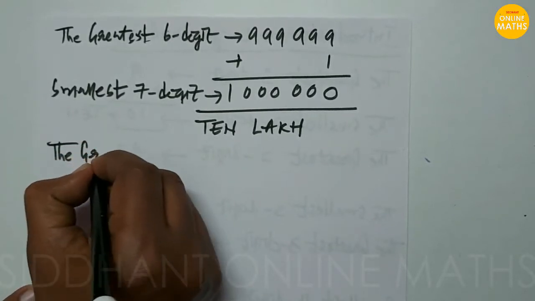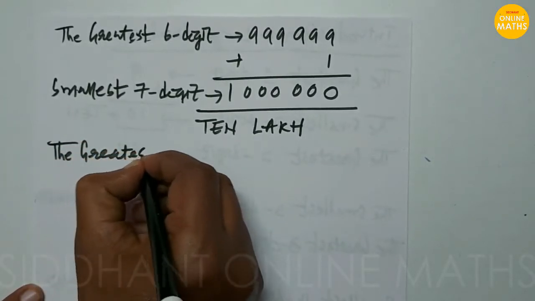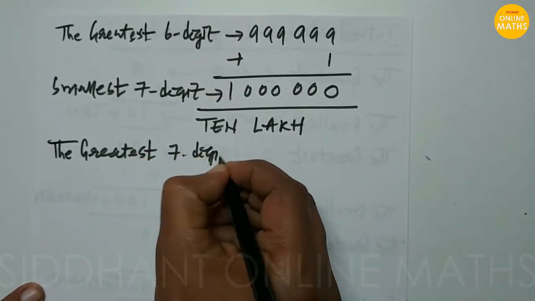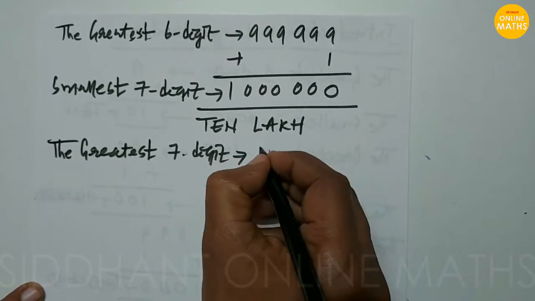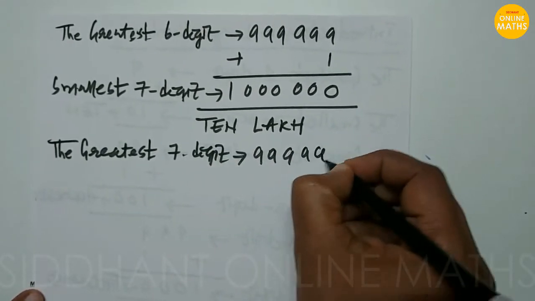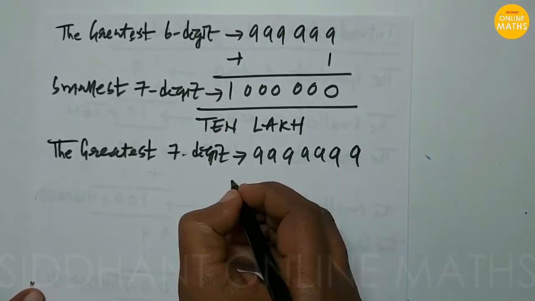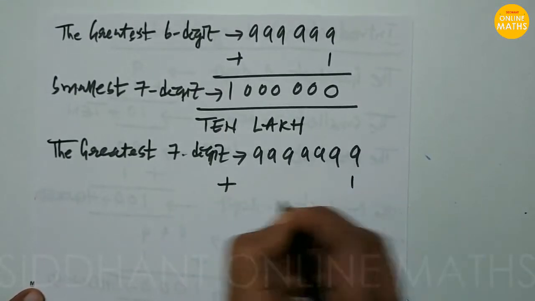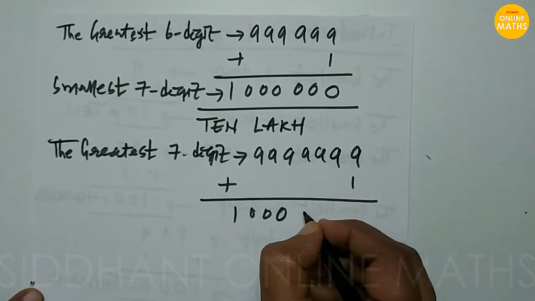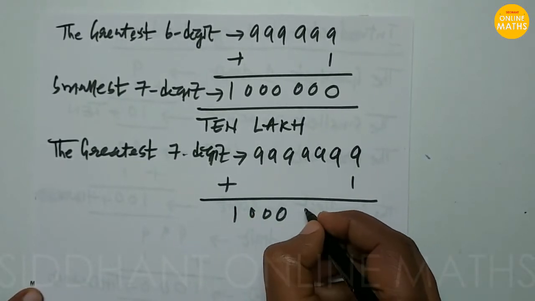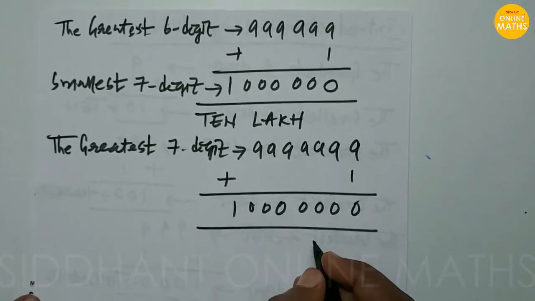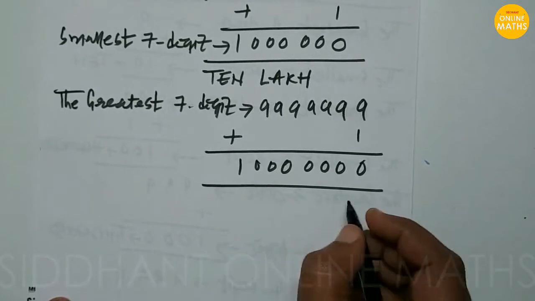And continuing, the greatest 7-digit number will be 9999999. When you add 1 here, you are going to see 10000000, and now it is looking like an even bigger number, a large number.